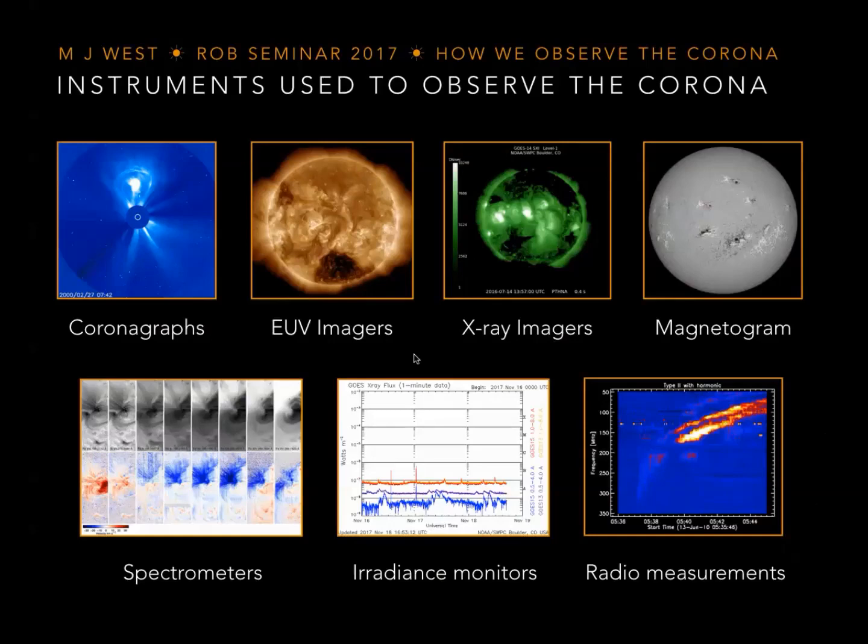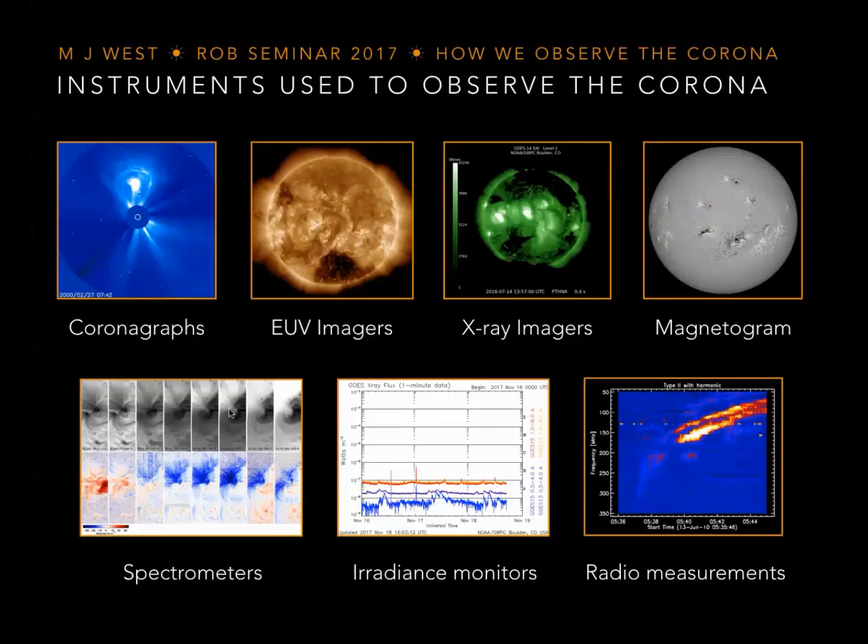So firstly, we've got coronagraphs. Coronagraphs allow us to see the solar atmosphere by blocking the bright sun, and we're able to see in various wavelengths, mainly in white light observations. And they're particularly useful for looking at structures or events such as coronal mass ejections and large streamer structures.